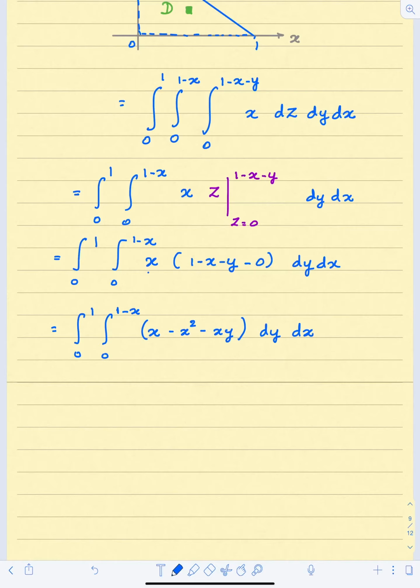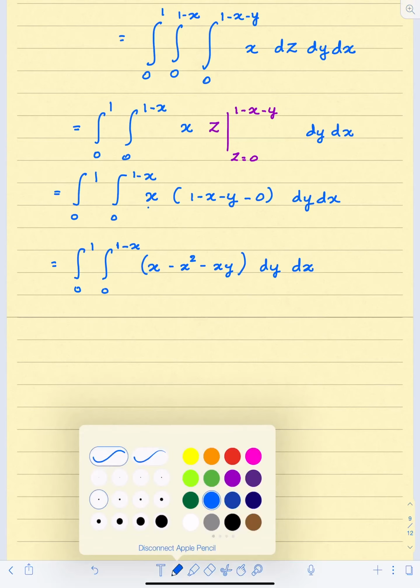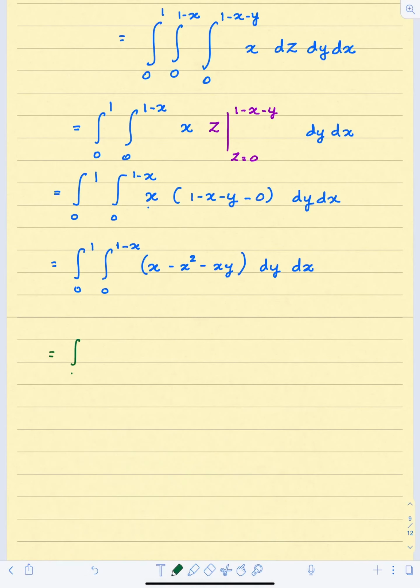Next variable of integration is y. With respect to the y variable, we can treat x as a constant. So we have integral from 0 to 1. If we integrate x with respect to the y variable, you should get x times the variable of integration, which is y, minus x squared times y, minus x times y squared over 2.